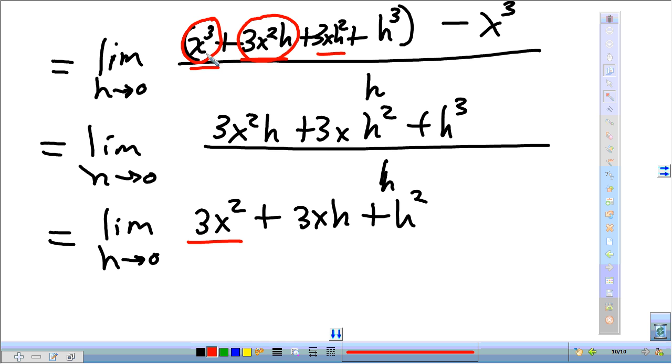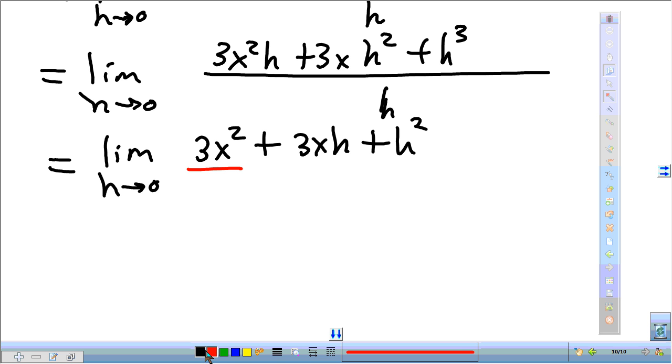That would always be the case no matter where we start. x to the 16th would have an x to the 16th term and an x to the 15th term. And so here the limit is just that second term with the square. So the derivative will always be 1 less in the exponent.